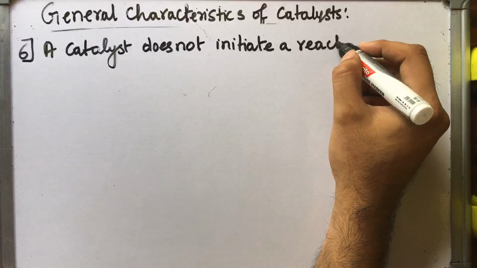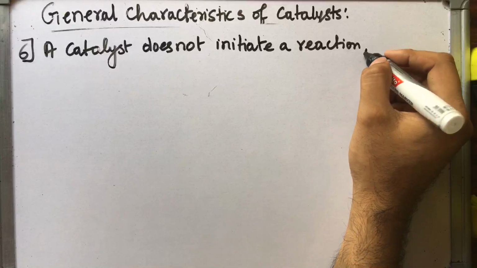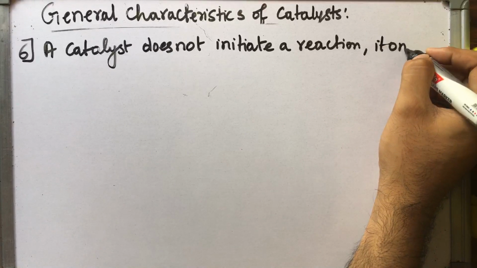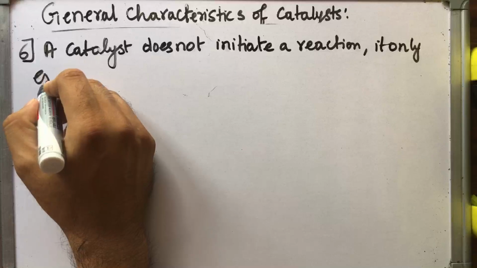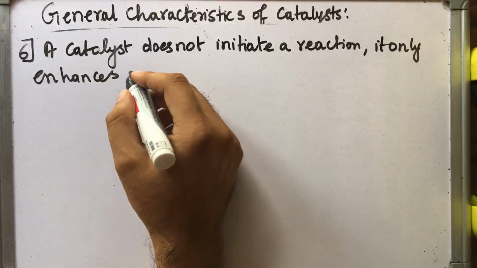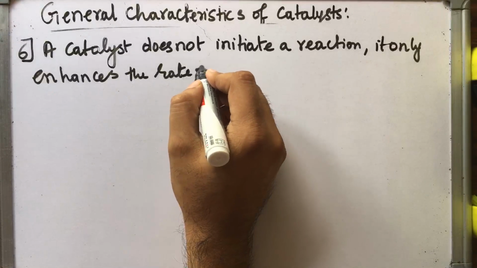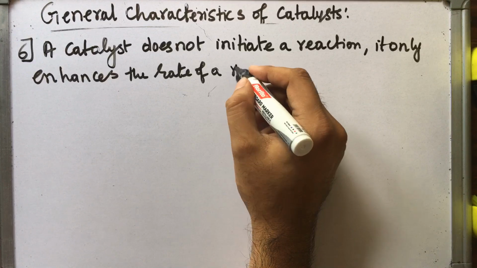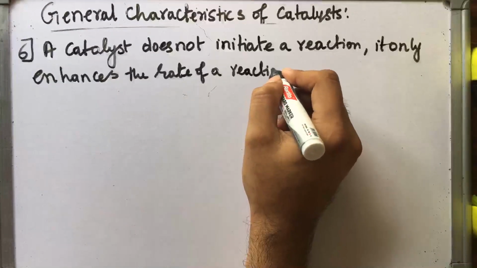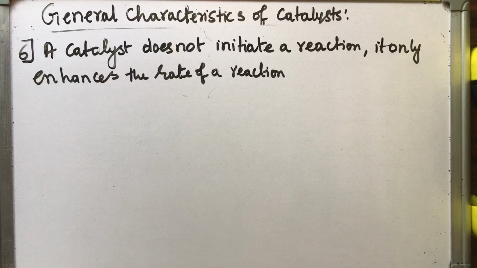It only catalyzes the reaction which is happening. It only enhances the rate of a reaction. It is not initiating a reaction, but it will make the reactions which are happening at a slower rate happen at a faster rate.